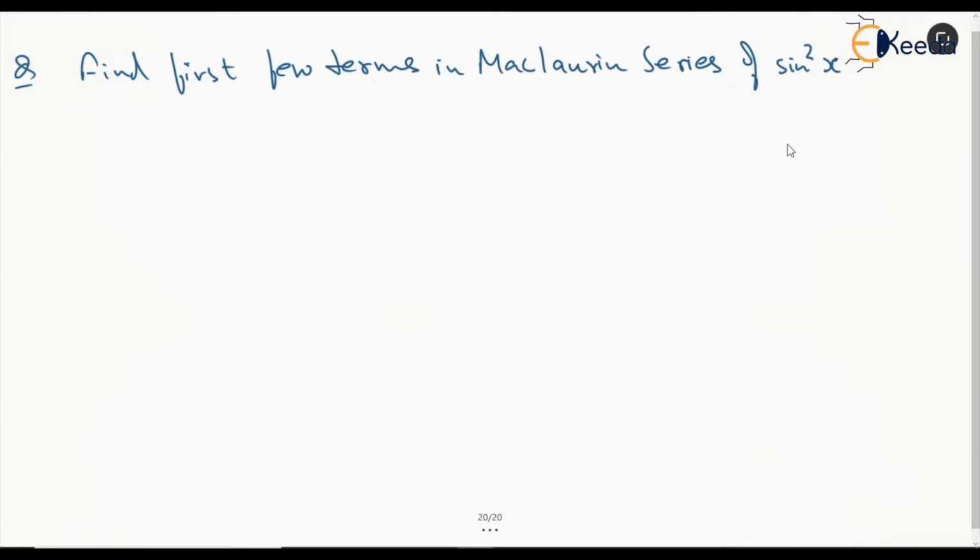Right? So we know that the Maclaurin series is nothing but the Taylor series centered at a equal to 0.